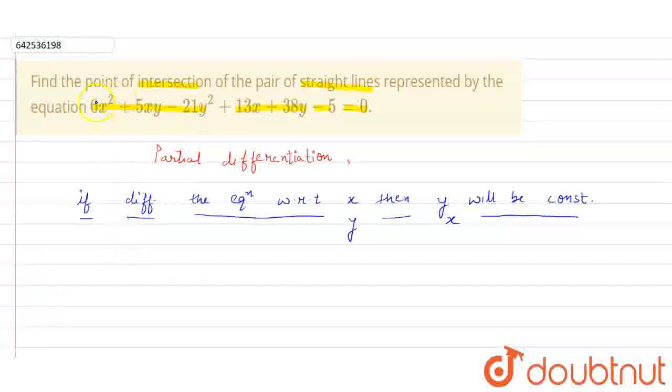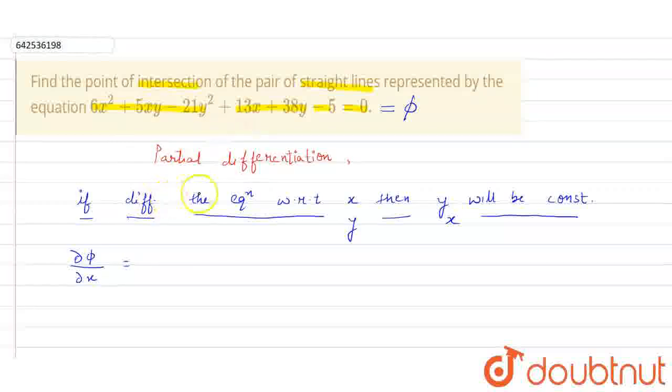Let us consider this equation as phi. For partial differentiation, we use del; this is the sign of del. First we'll differentiate it with respect to x.